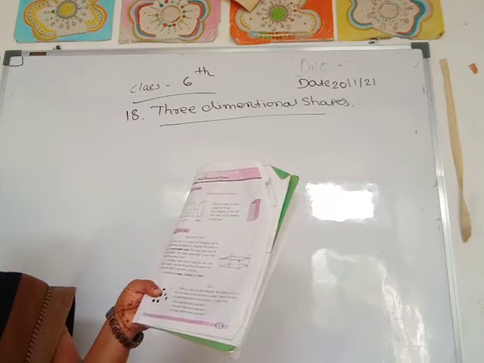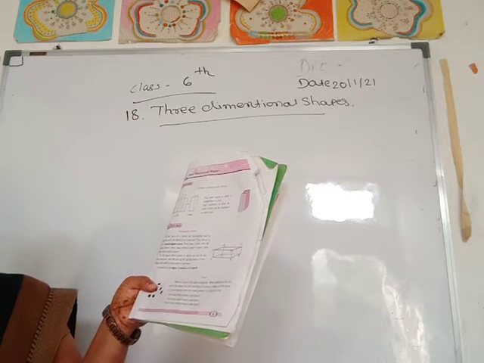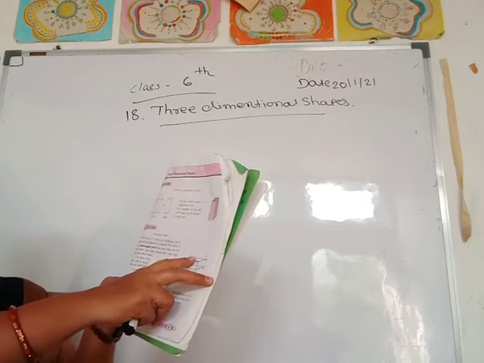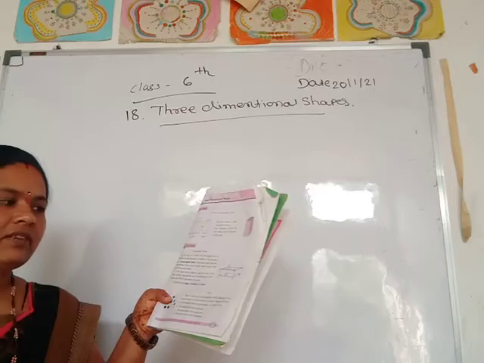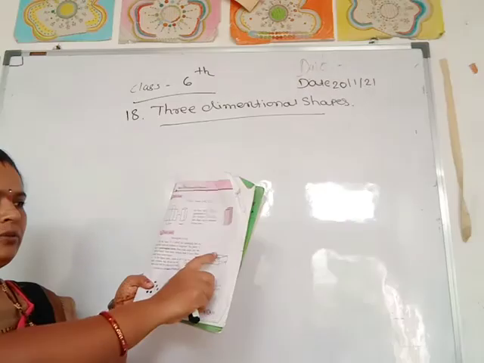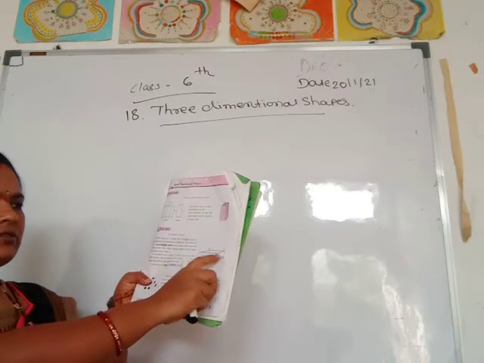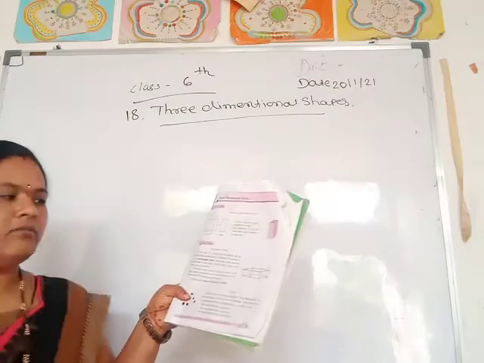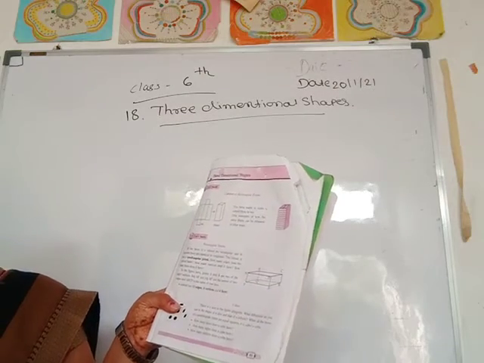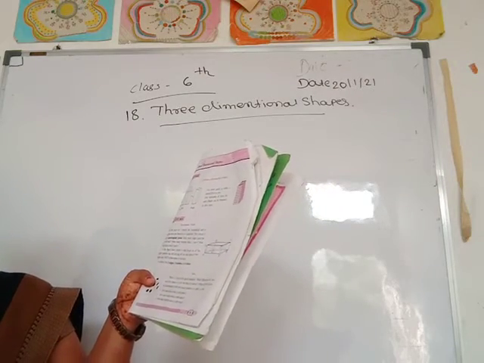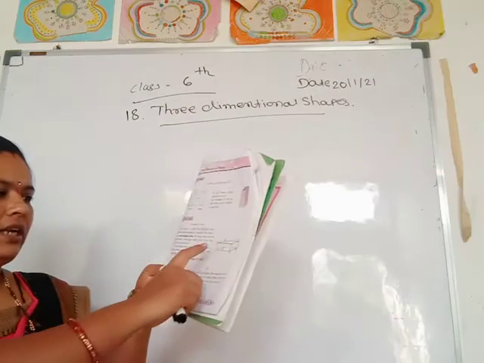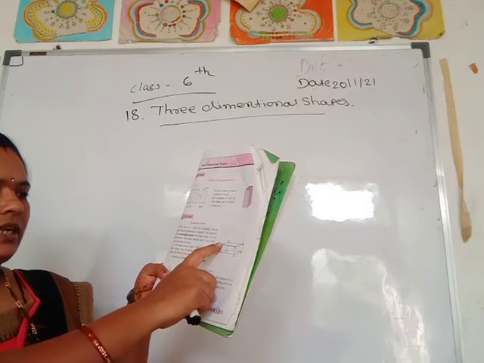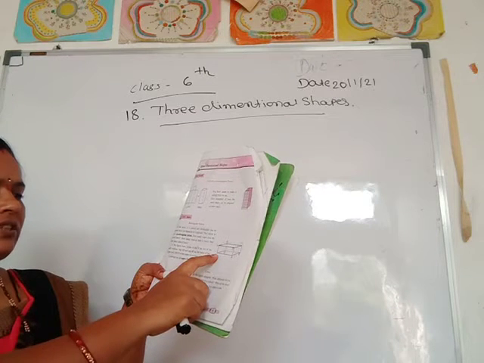See this figure of a cuboid. Here points A and B are two of its 8 vertices. How many vertices? 1, 2, 3, 4, 5, 6, 7, 8. A cuboid has 8 vertices. Then the edges: segment AB and segment AP are two of the edges.